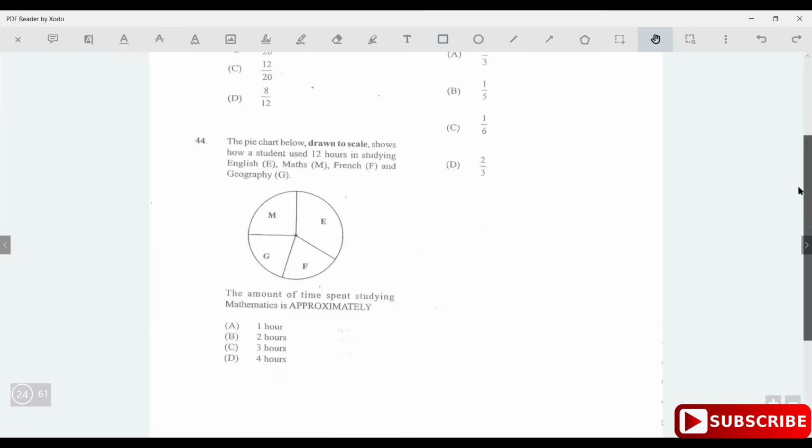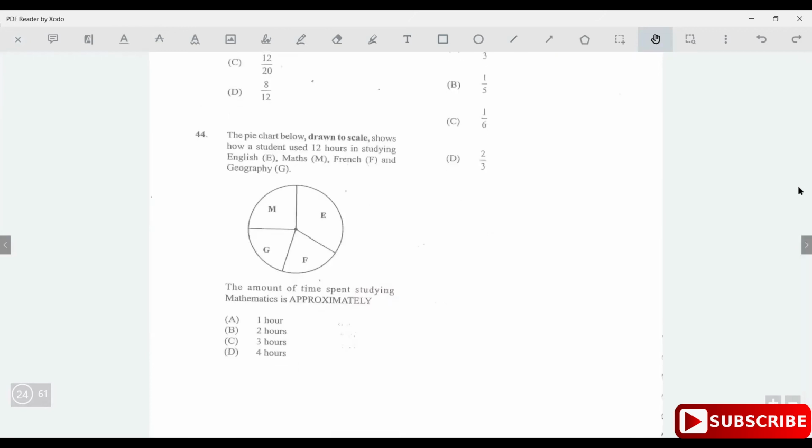Question 44. The pie chart below, drawn to scale, shows how a student uses 12 hours to study English, maths, French, and geography. And it asks us how many hours is approximately used to study maths. This is maths. Since it's accurately drawn, this right here is 90 degrees, which is a quarter of her time used on maths.